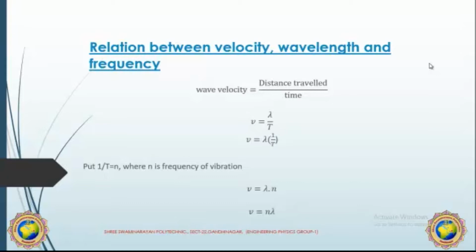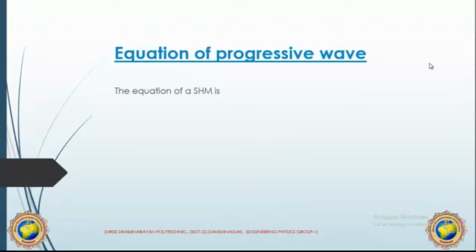Now second, the equation of progressive wave. The equation of progressive wave, એટલે કે પ્રગામી wave નું equation. The equation of simple harmonic motion is y is equal to a sin omega t.